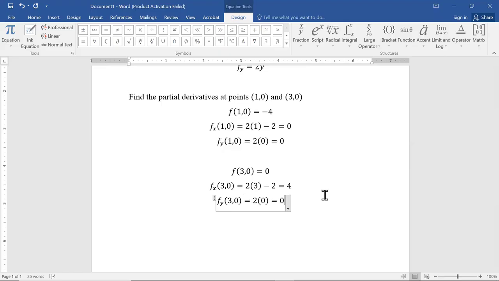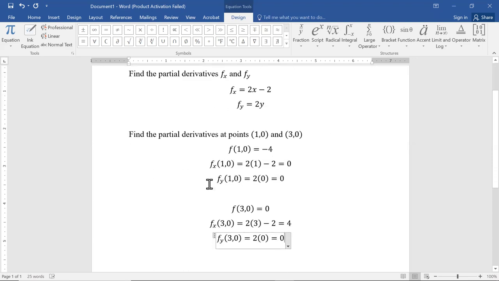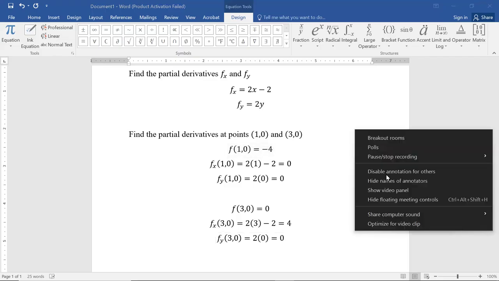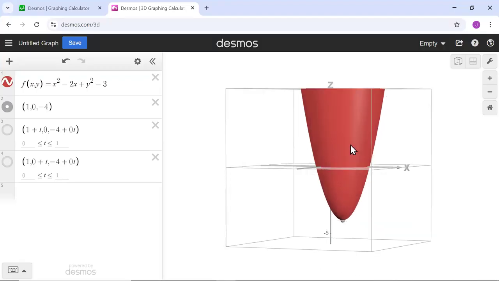Let's take a look at what this means graphically. This function is going to give us a surface, and this f sub x and f sub y give us slopes of tangent lines at those given points. All right, so what I've done is I've graphed the surface.